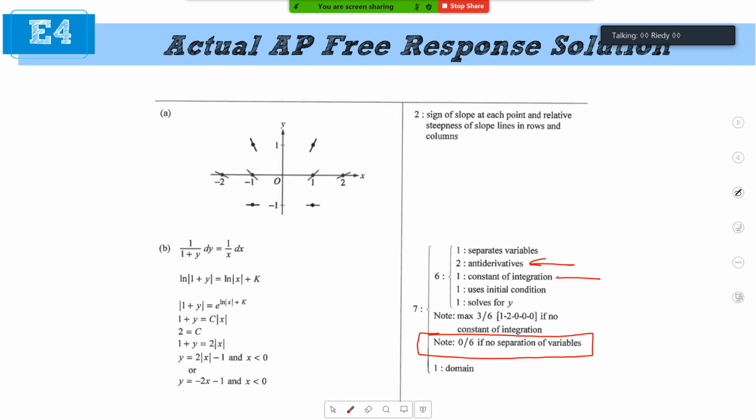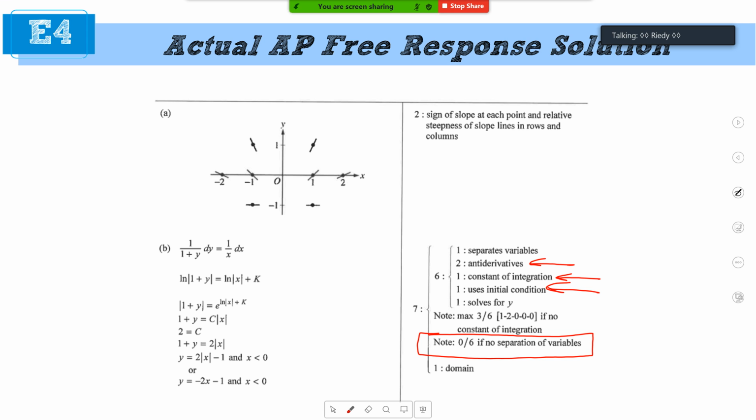You'll notice here, constant of integration. You get a point for doing a plus c. I don't know why they used plus k, but they did. That plus k magically becomes a c later on, but that's okay. So you get a full point out of 9 points for writing down a plus k.